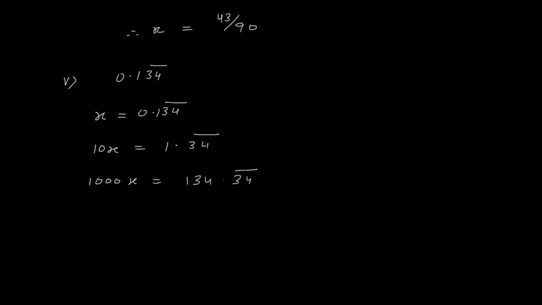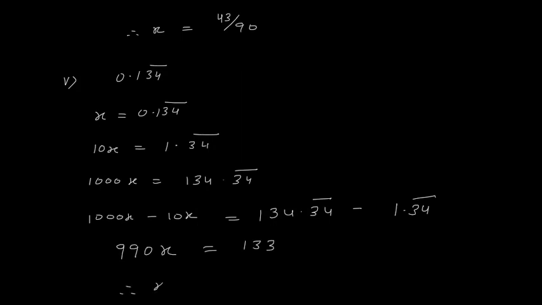So 1000x is equals to 134.34 bar. Now I subtract from this 1000x, I subtract this 10x, and here it will be 134.34 bar minus 1.34 bar. So 1000 minus 10 is 990. So 990x is equals to 133.